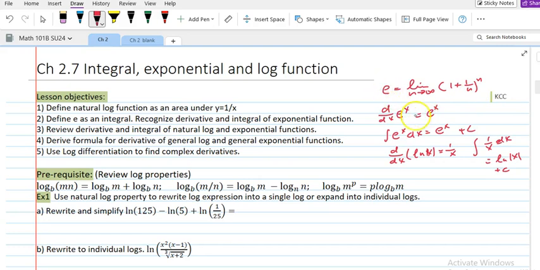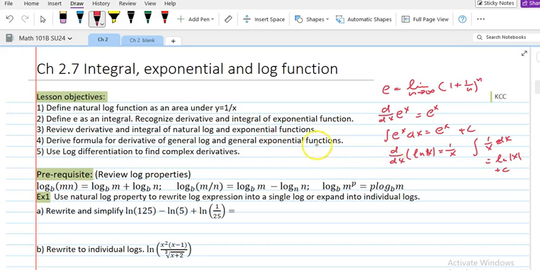You use it as a base and then define an exponential function like that. But we can also define e as an area under 1 over x. And it turns out that if we define the log function this way and the exponential function that way, it's exactly the same as what we have defined.